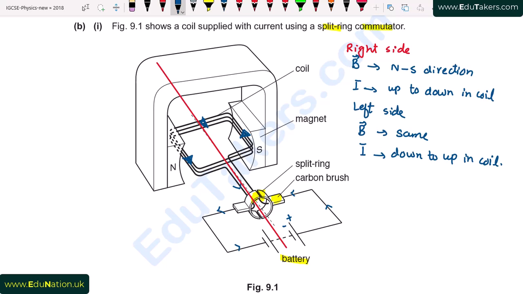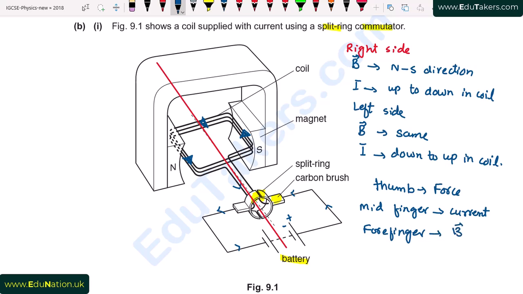I write here, thumb will indicate the direction of force if middle finger is in the direction of current and forefinger is in the direction of magnetic field.